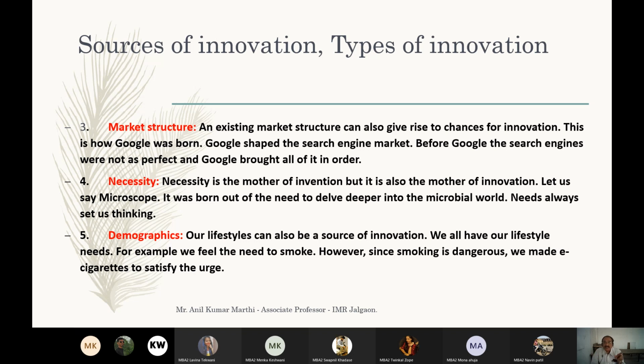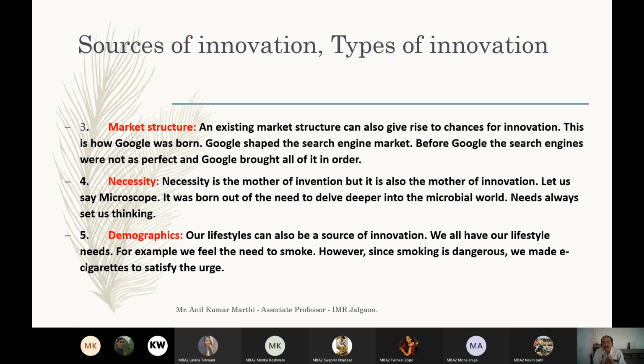Right? The market structure, when there is some imbalance, or there is some displeasure between the service and the customer, then the solution to that occurs. That is how innovations can also occur.